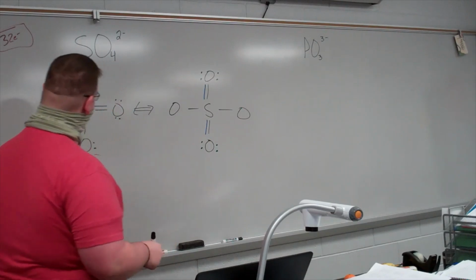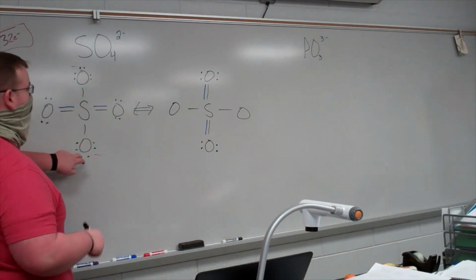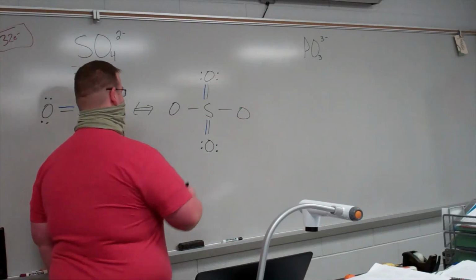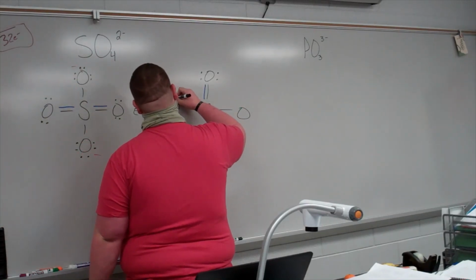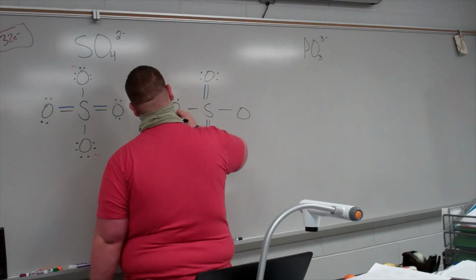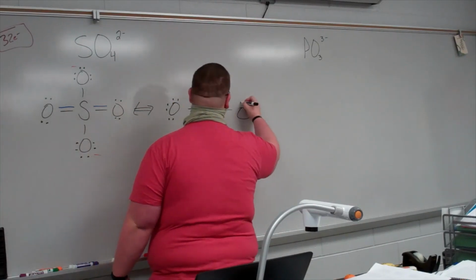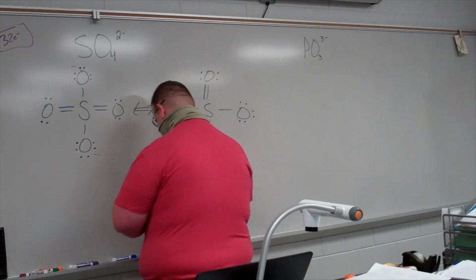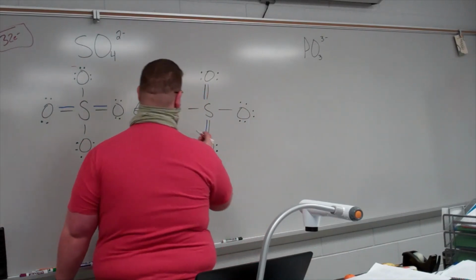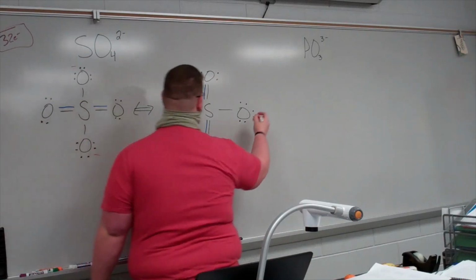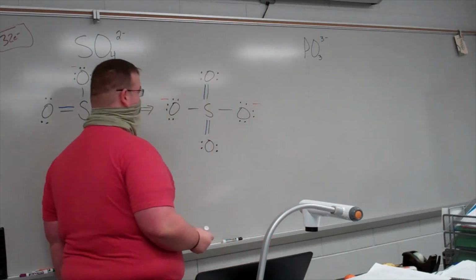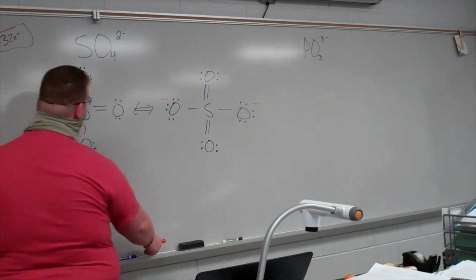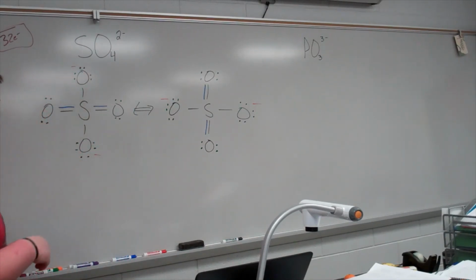And the oxygens that don't have the double bond get 3 lone pairs and a negative charge. For purpose so you can see it, negative, negative. Am I done? I want to say yes. I want to say yes also.